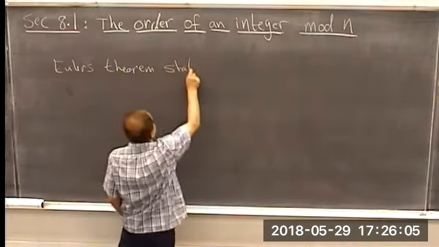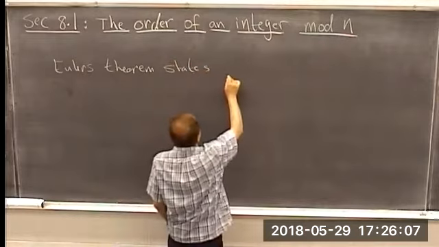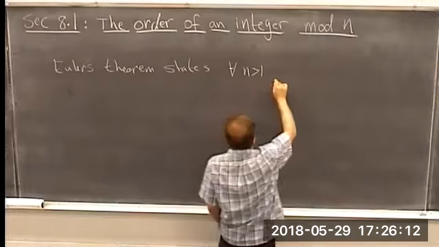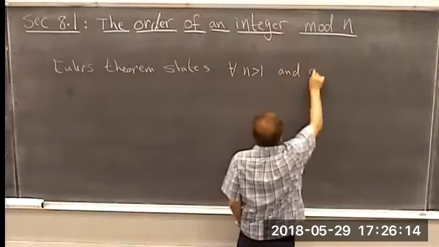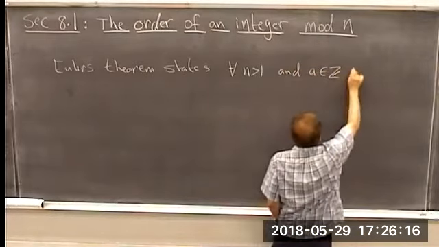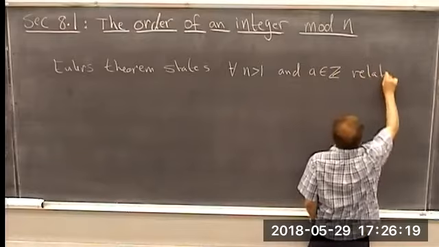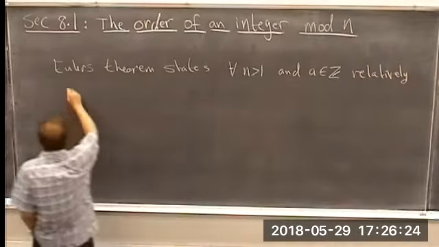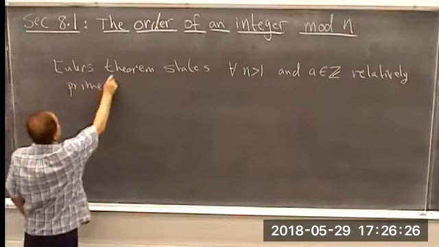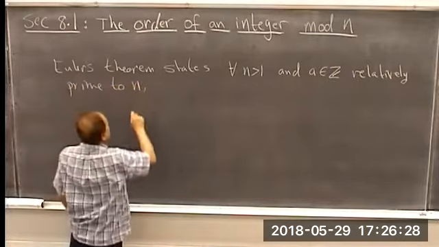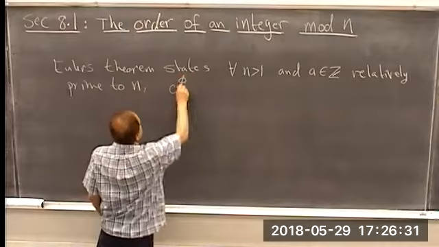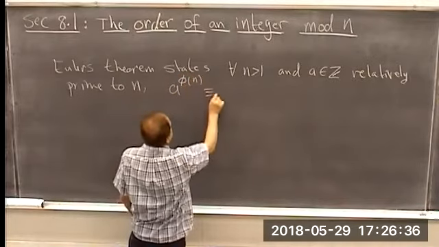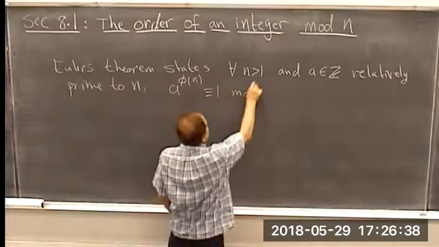It states that for every integer n bigger than 1, and a in Z relatively prime to n, we have a to the phi of n is congruent to 1 mod n.